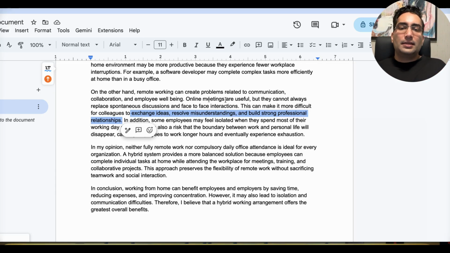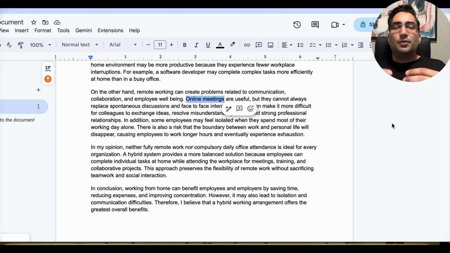So if I'm saying that online meetings cannot be spontaneous and it's too many things, let's focus on one thing. Let's say there's the tone effect. Okay, so I would say something like, online meetings are useful. However, when there are times of conflict, it will be hard to get a resolution online.